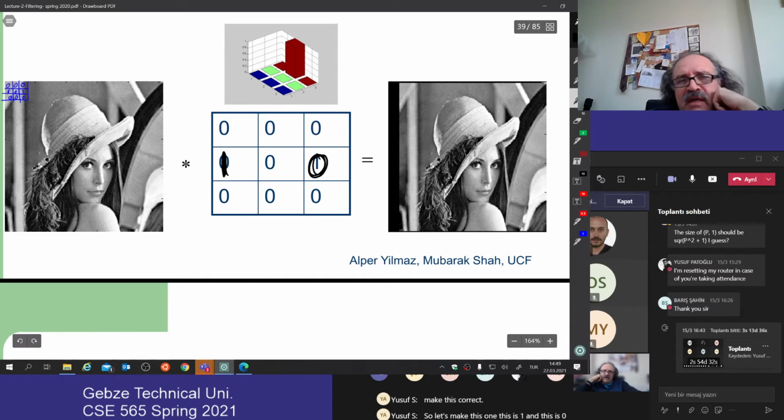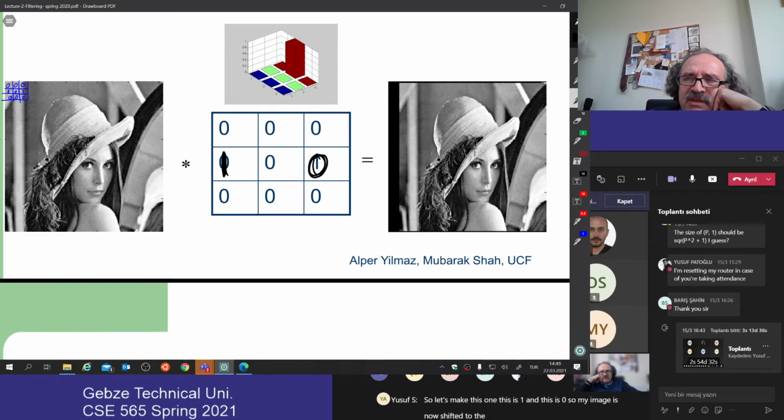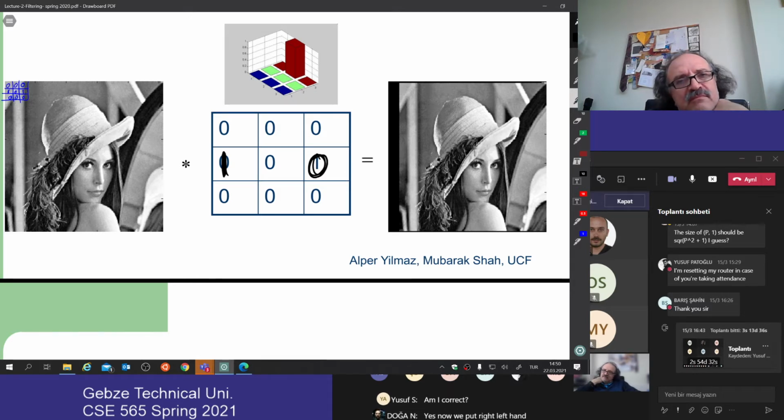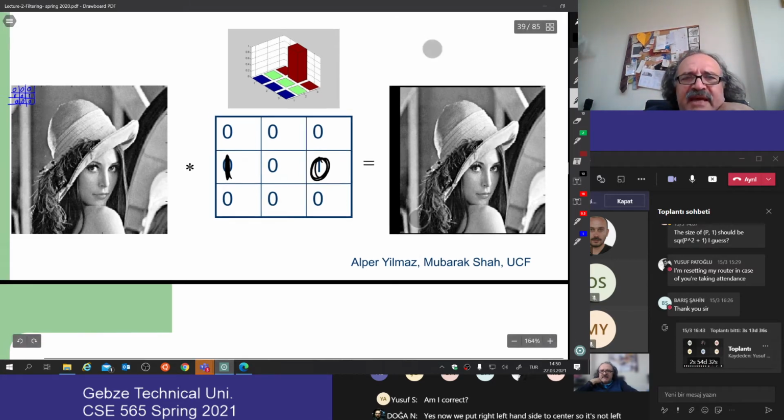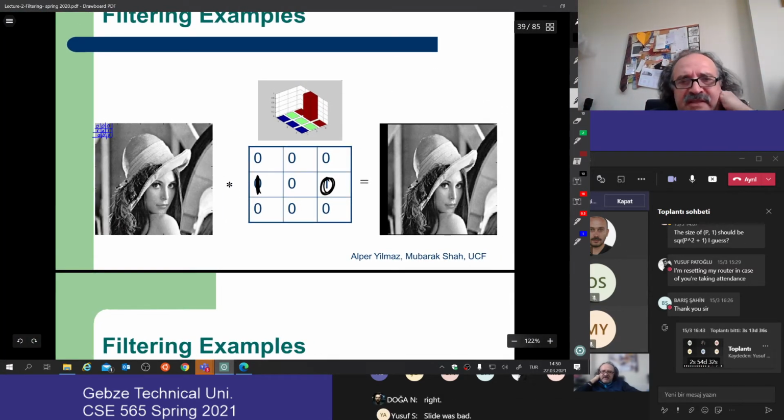So my image is now shifted to the right. Am I correct? Yes, right, left hand side to center. So it shifted left. So the original slide was bad. So I fixed it.